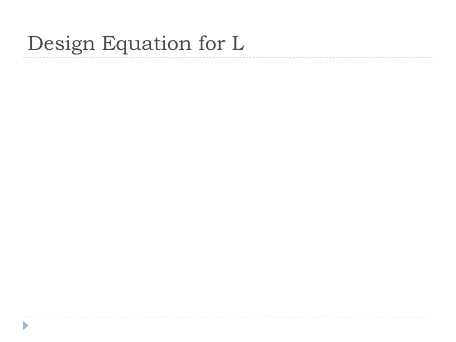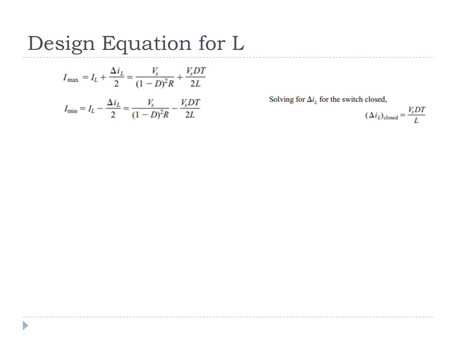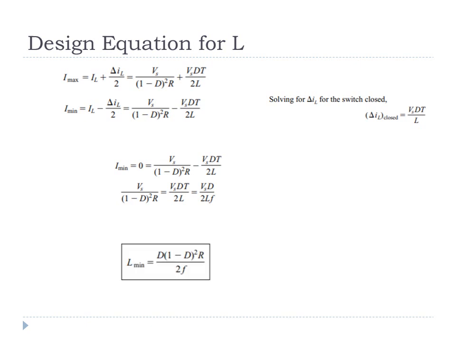So using the expressions of IL, Imax and Imin, we can further determine the value of L. In Imax, I can put delta IL, which is equal to Vs dT upon L. I am using the IL closed expression here. So Imin can also be determined using the expression here, and using the boundary condition of continuous and discontinuous current mode conduction, if we substitute Imin equal to 0, I can find the value of L minimum, which comes out to be d into (1 minus d) square into R upon 2f. Notice here that the switching frequency is again in the denominator.